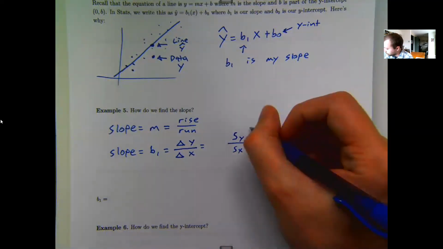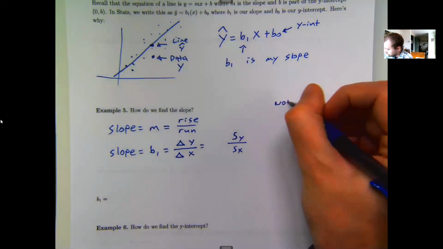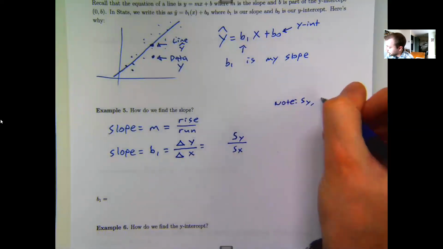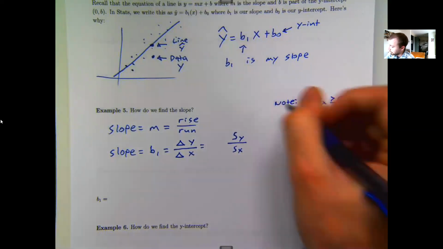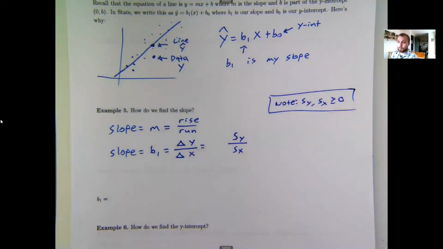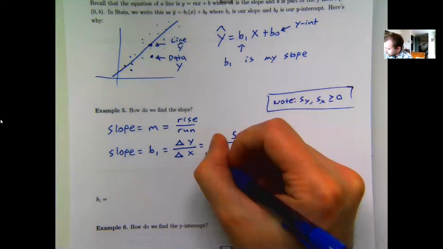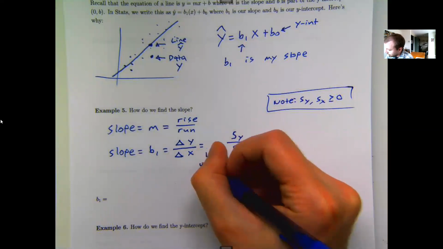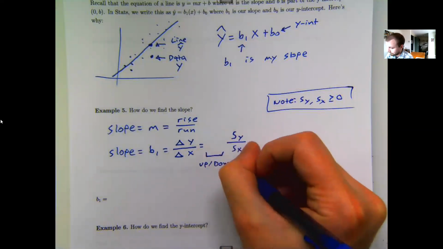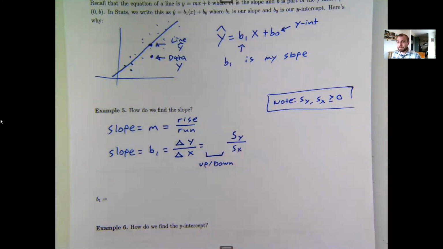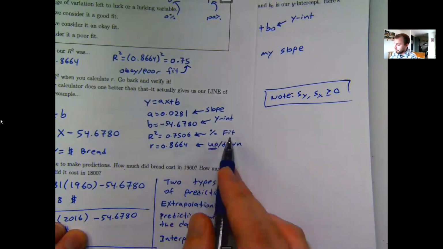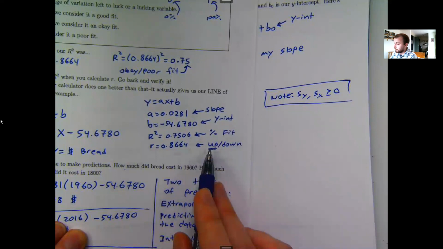Bit of a problem though. Note, my standard deviation for my y value and my standard deviation for my x value, these are always positive numbers. But I can have a slope or a line going up or down. So I need a way to sort of have a toggle switch, something that tells me if my line is going to be increasing or decreasing. And just reviewing some of the earlier things my calculator gave me, r squared is the percentage of fit, but r is this value that tells me if my line is increasing or decreasing.